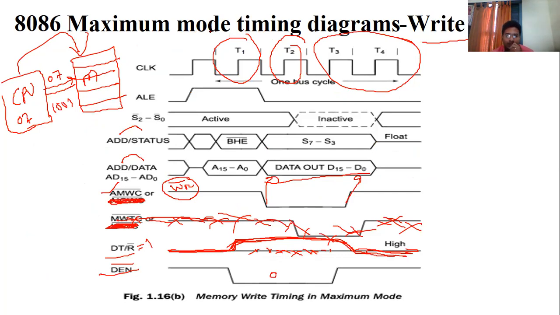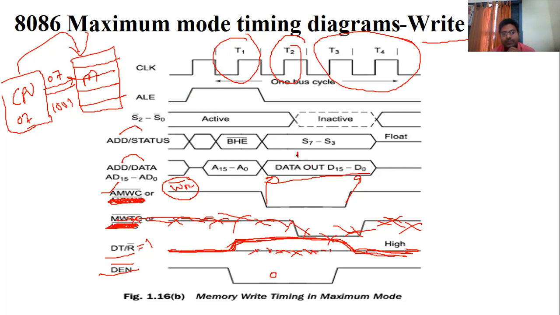Similarly, the write operation is also quite simple. It is quite equivalent to the minimum mode write cycle operation of the 8086 microprocessor. At T1, it is in address and data, so you enable the ALE. To convert address to data, a T2 clock period is required. Once the T2 clock period is over, see this data bus.